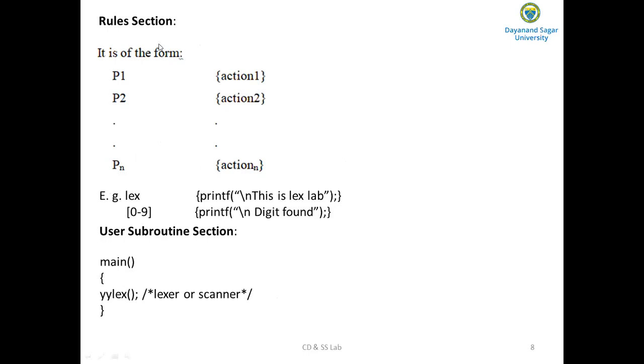Then the next section is the rule section. The rule section is a sequence of rules of the form: pattern 1 followed by action 1, pattern 2 action 2, up to pattern n and action n.